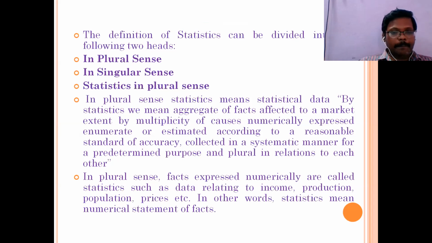So in the plural sense, the facts expressed numerically are called statistics, such as data relating to income, production, output, population, prices, per capita income, national income, etc. In other words, statistics means numerical statement of facts.